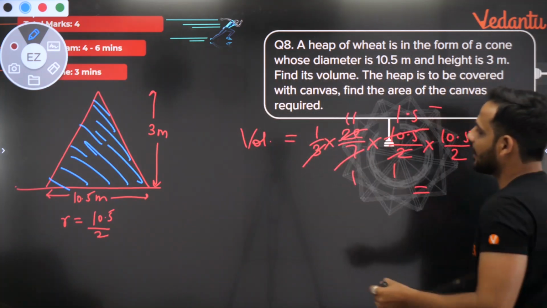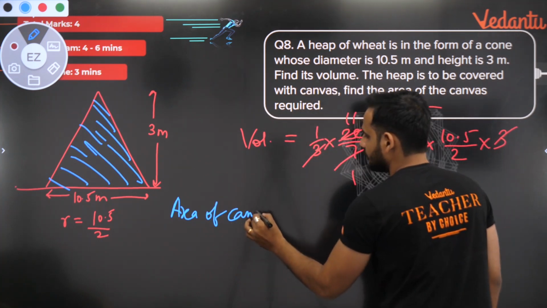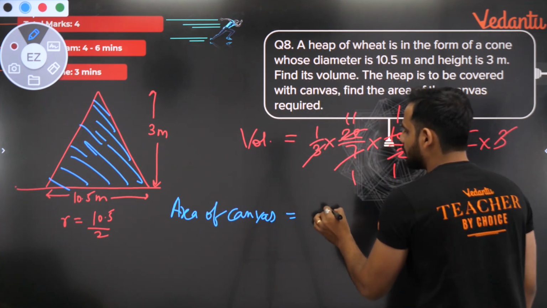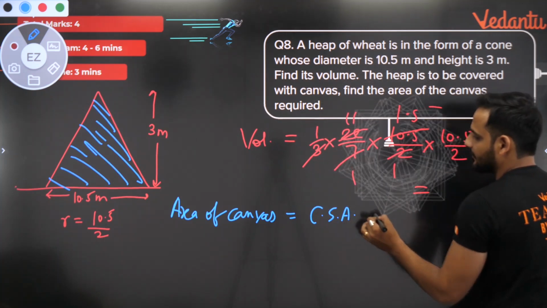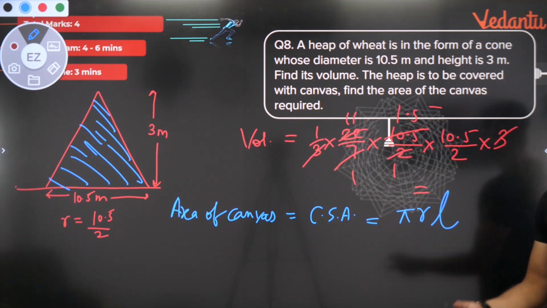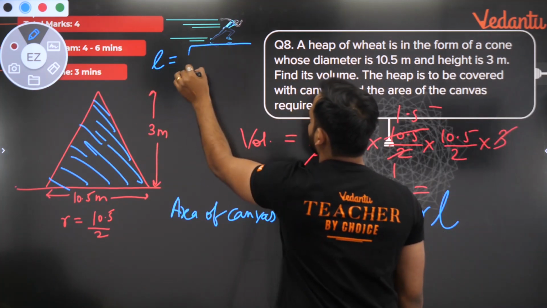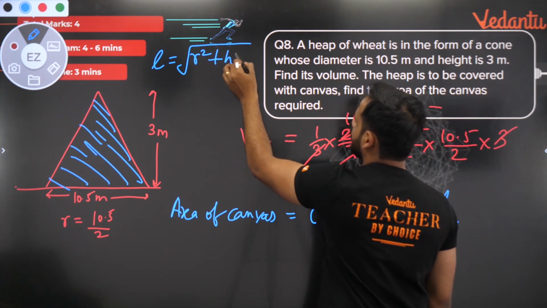So I can say area of canvas will be equal to the curved surface area of the cone, which is equal to pi r L. We need to find out L. How do you get L? L is equal to under root of r square plus h square.